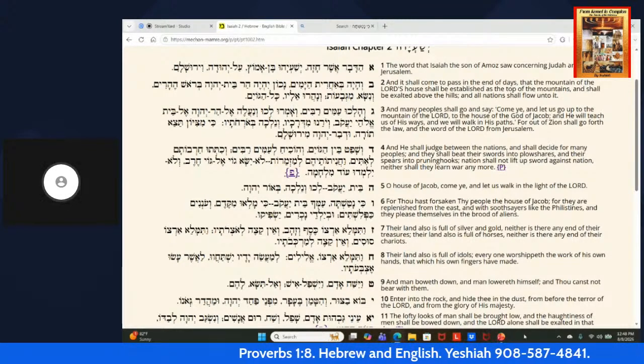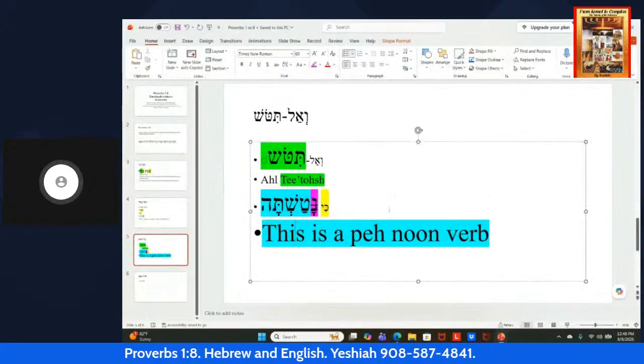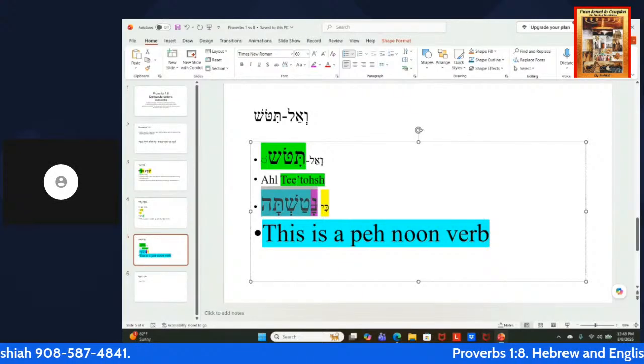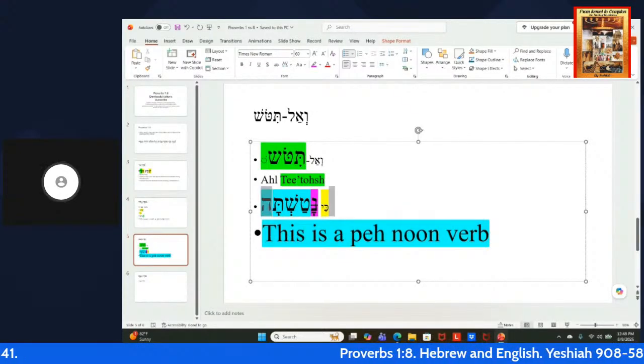But now if we are looking at it in this particular case, ki because natashta. Let's look at this, family.